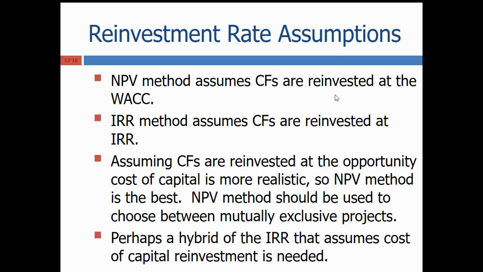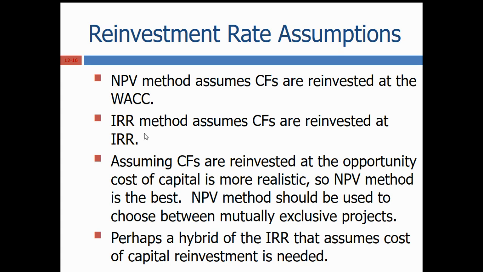All right, you might put it in a fixed deposit or find another project and invest in that. Even though your project ends in the fifth year, whatever you earn in year one, you will reinvest until the end of the project. So the reinvestment assumption for NPV is that your return is the same as your cost of capital.